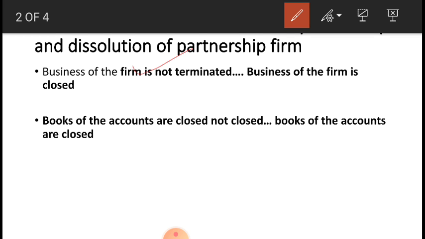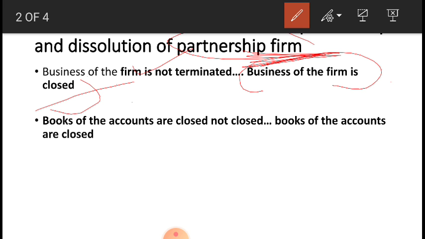But in dissolution of partnership firm, the business of the firm is closed. If the word firm is there, the business is closed.